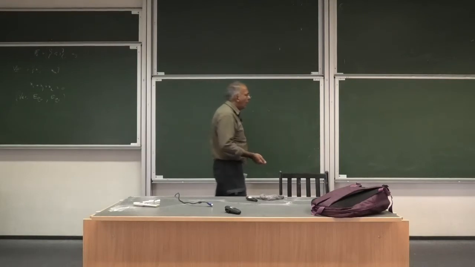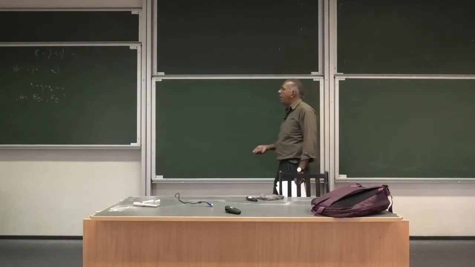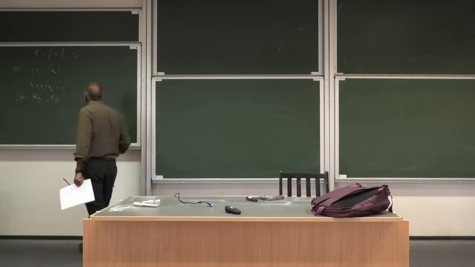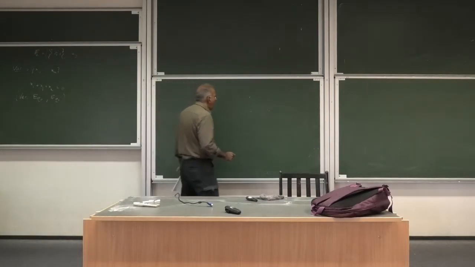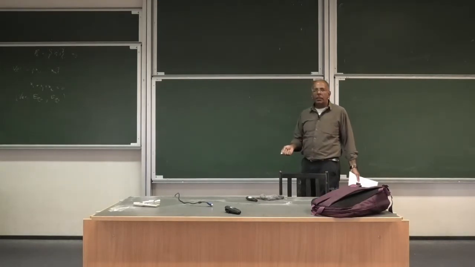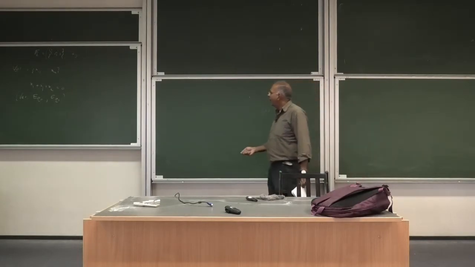So I'll give you some idea why this is the case. I'll give you the construction, and then you can try and work out the proof by analogy with what we've seen.